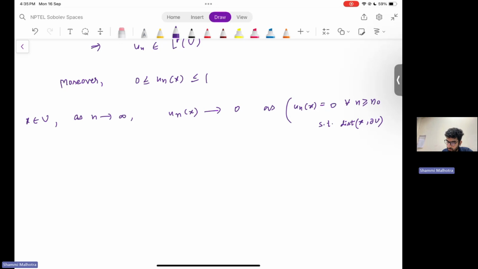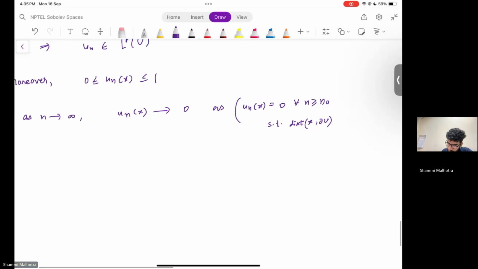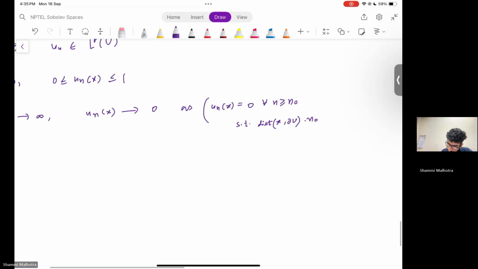And what I want this quantity to be times n naught, this whole thing has to be less than or equal to, so this has to be actually greater than or equal to 1, or distance of x with the boundary of u has to be greater than or equal to 1 by n naught.